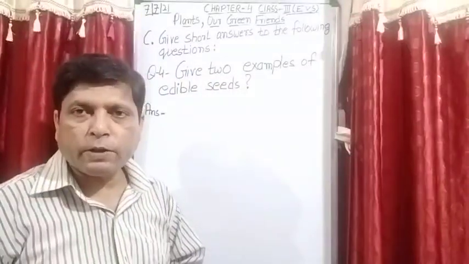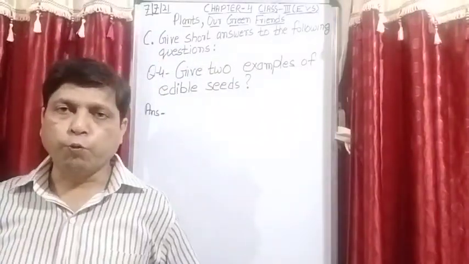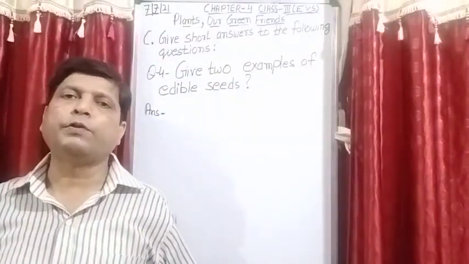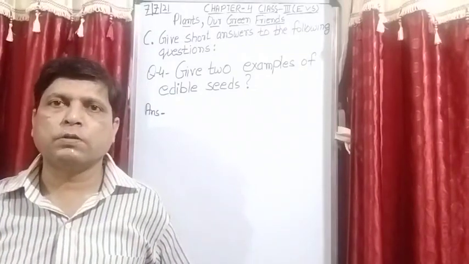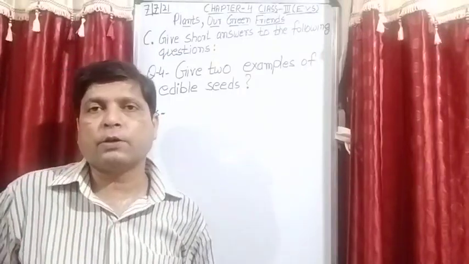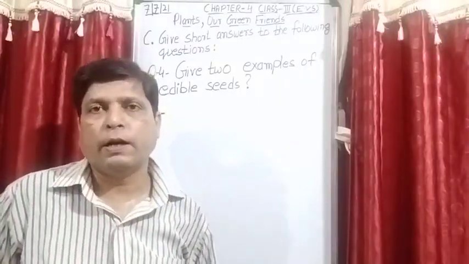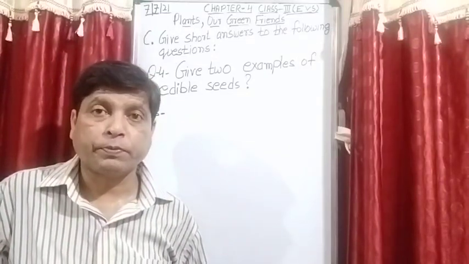So, as you know student, food is stored in different parts of the plants. Some roots store food, some stems store food, some leaves store extra food, and fruits are also on the tree, you have already seen.